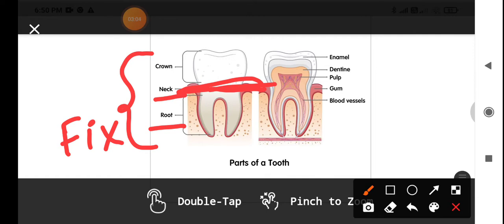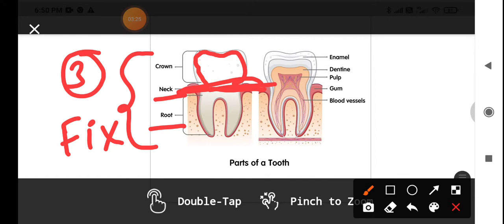So the joining part is the neck. And the last part which is visible to us, white in color, is the crown part. So the tooth basically has three main parts.